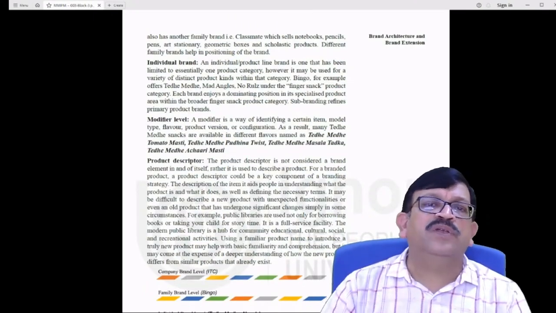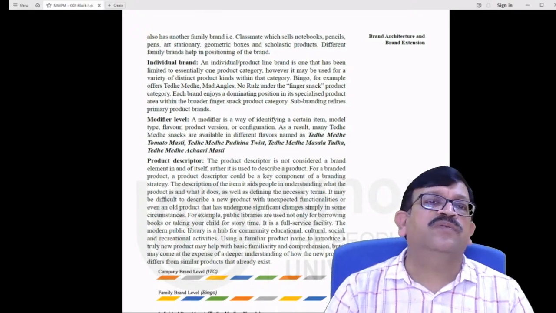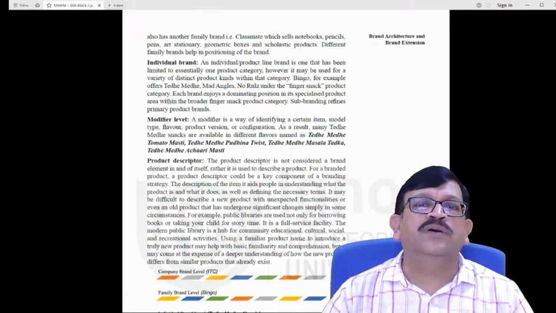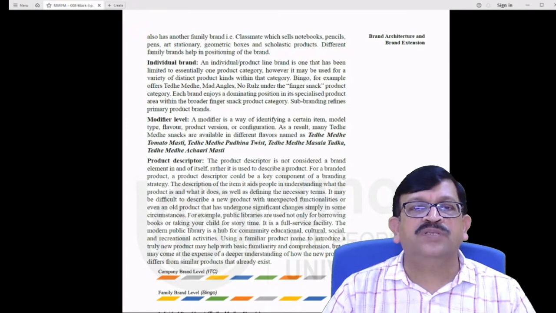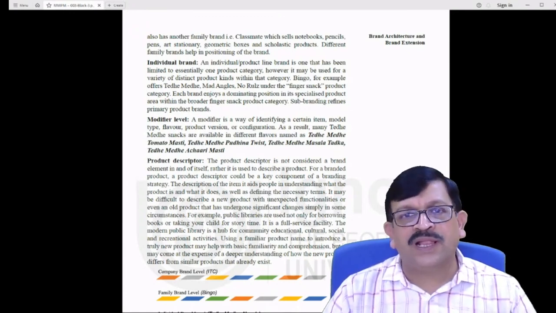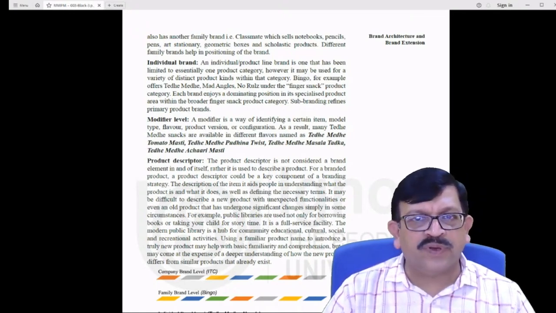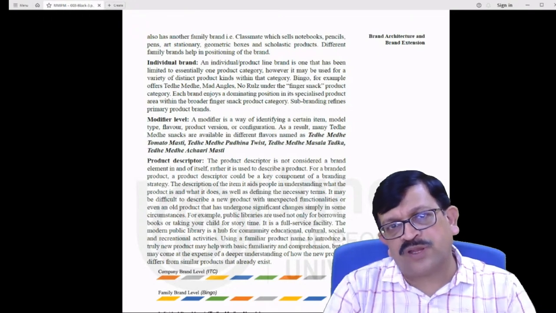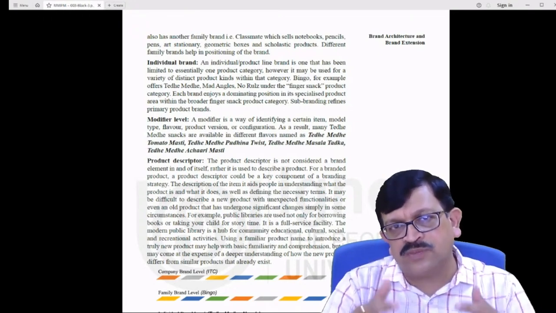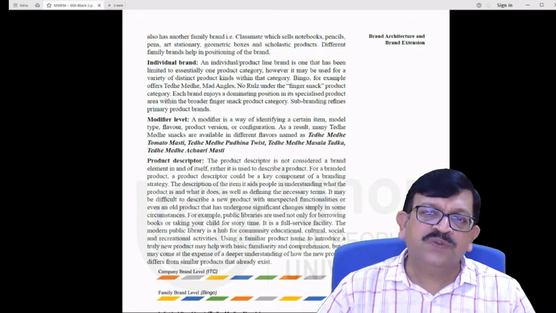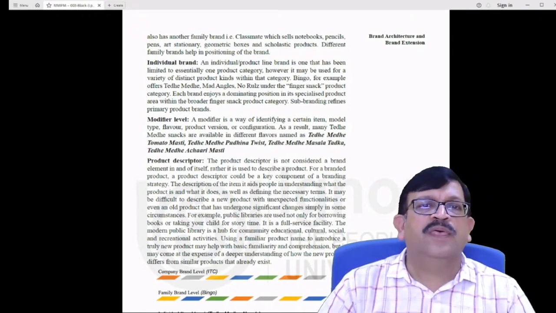A few examples have been given here, like Classmate, which covers various office products like notebooks, pencils and stationery, brought under Classmate by ITC. Similarly, you have a range of products brought under, let's say, Galaxy, the smartphones in the case of Samsung.